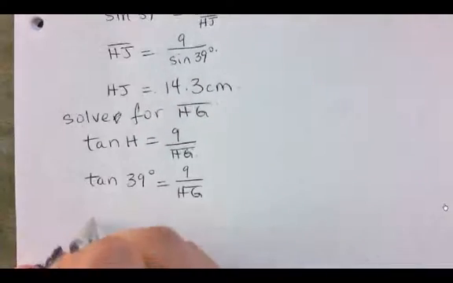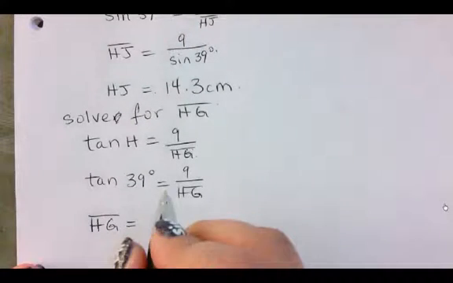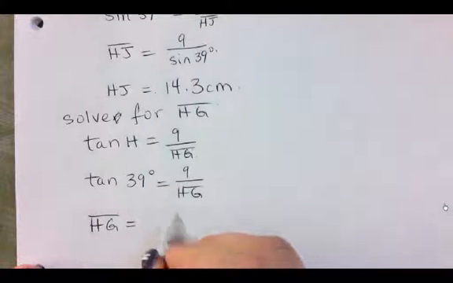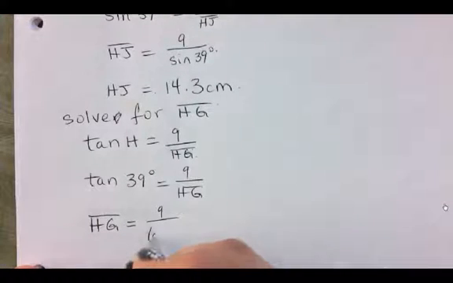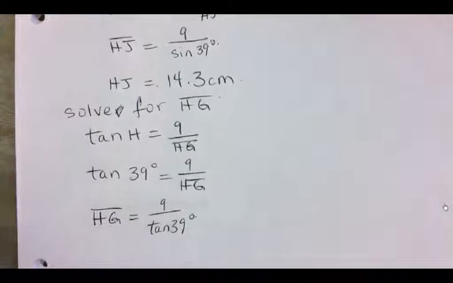Okay, and so HG is equal to 9 over tan of 39 degrees. So what do we get for HG?